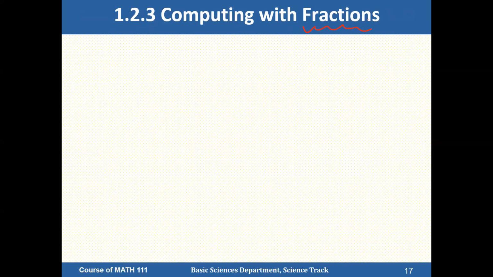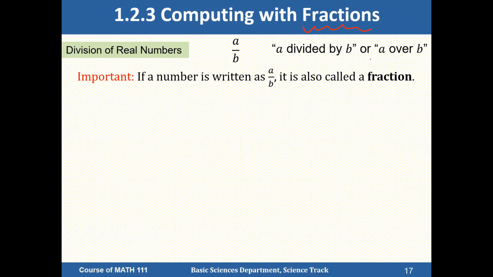Fractions. We said fractions, where did fractions come from? Fractions come from the division of integers. When we divide two integers, we get a rational number, A over B. So we say A over B or A divided by B, and this is called a fraction.